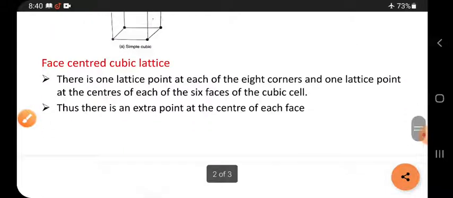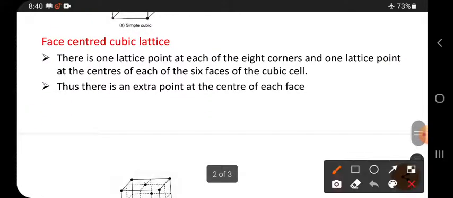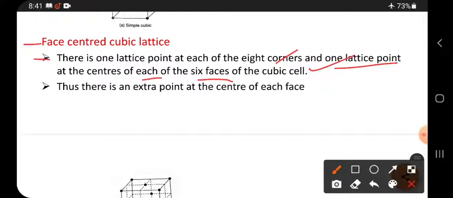Next is the face centered cubic lattice. There is one lattice point at each of the 8 corners and one lattice point at the center of each of the 6 faces of the cubic cell.